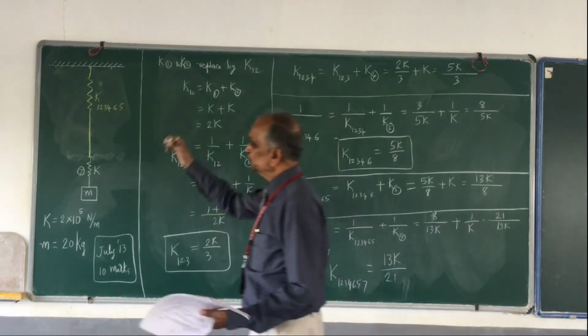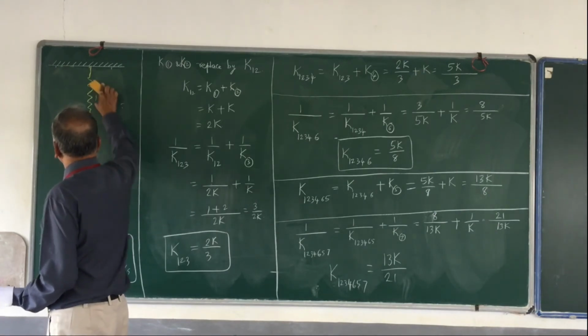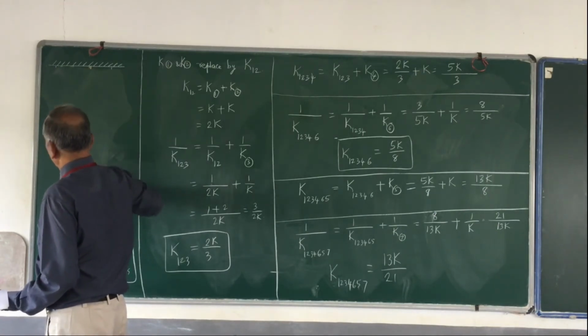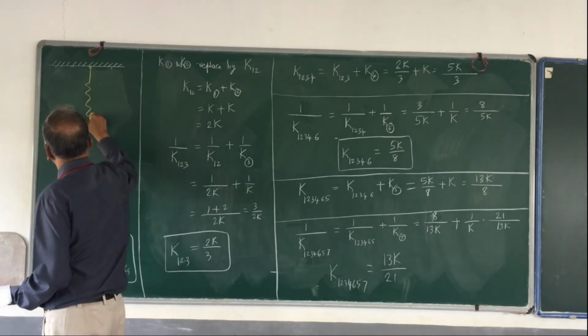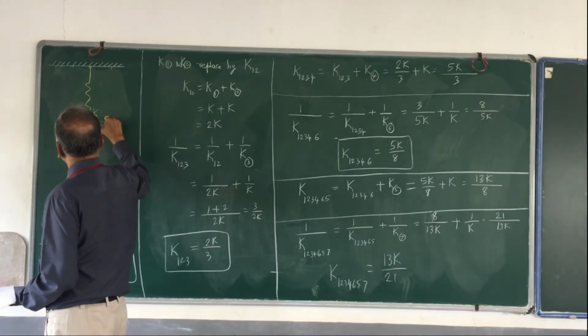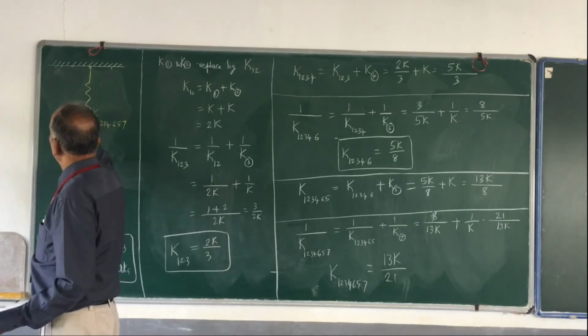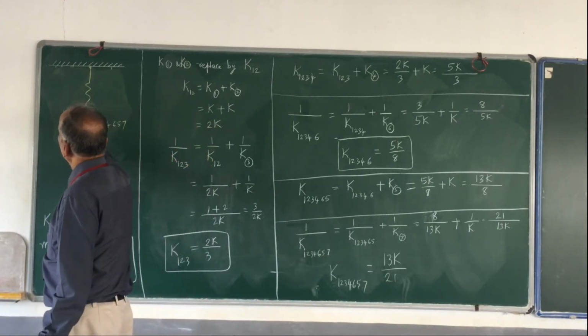Okay, now these two springs can be replaced by only one spring. So that is K of 1, 2, 3, 4, 6, 5, 7. How much is the stiffness of this? The stiffness of this is 13K divided by 21.